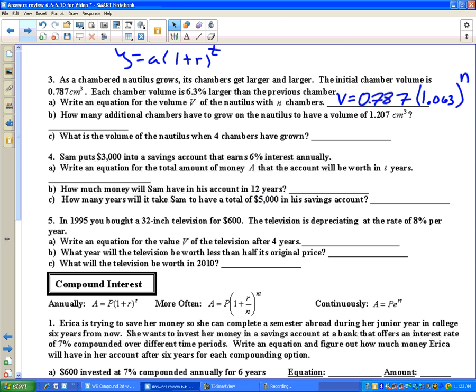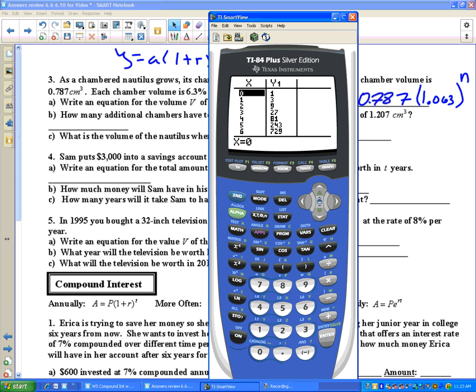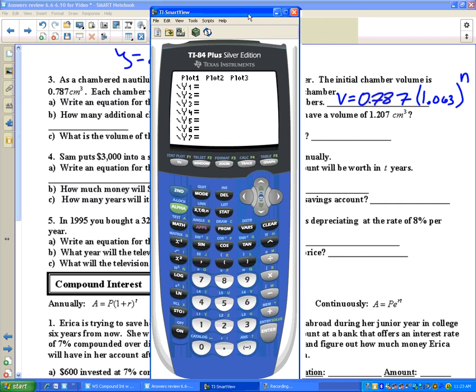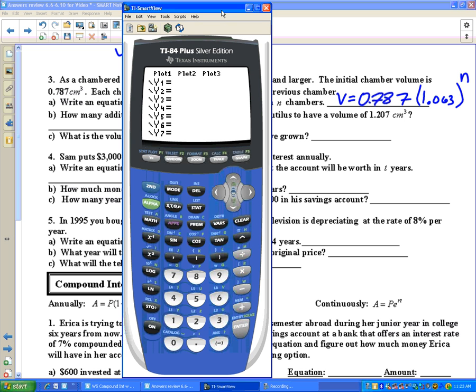So I'm going to pull up my handy dandy calculator. I'm going to go to y equals. I'm going to clear that out. I have my equation of 0.787 times 1.063 to the x power.